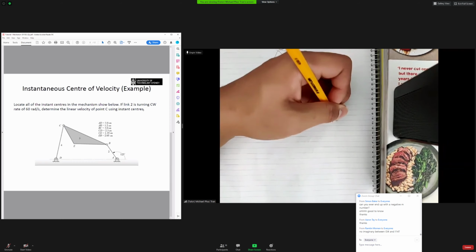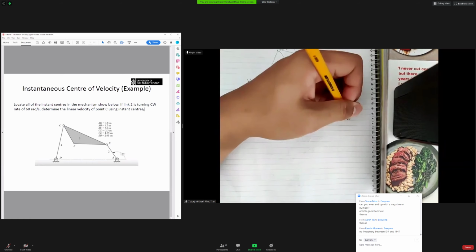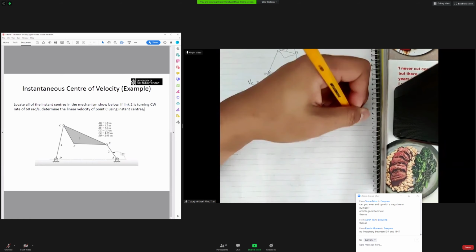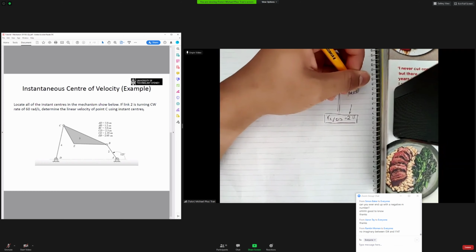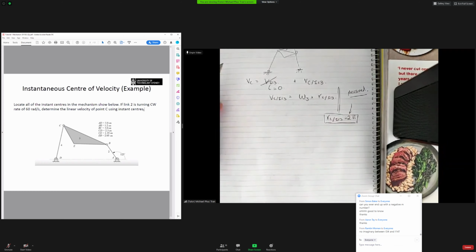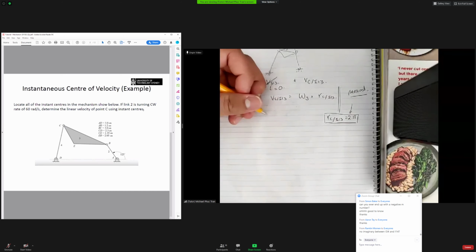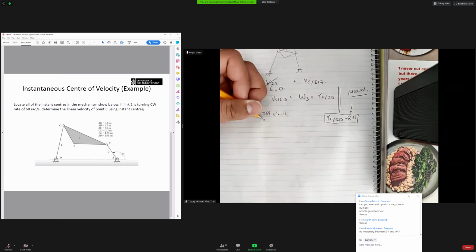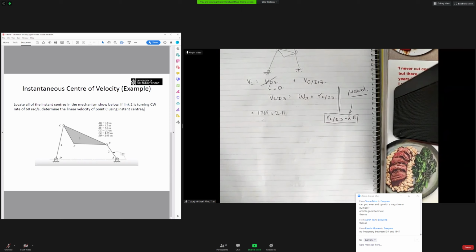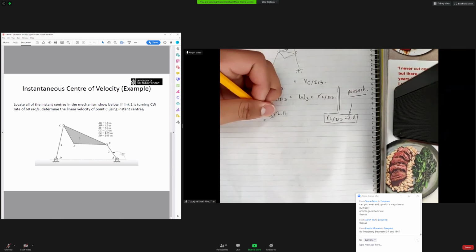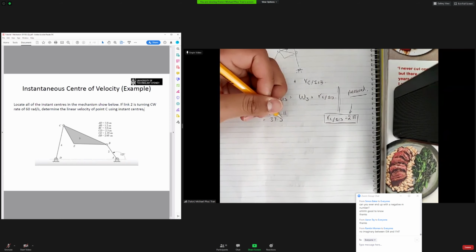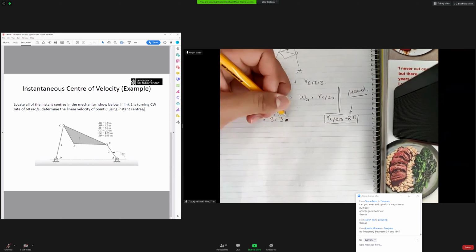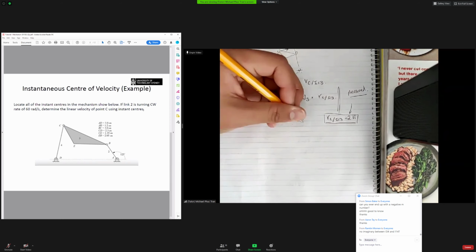C in respect to I13 is 211. And we have W3, so all we have to do is multiply it. 17.69 times 211, centimeters per second.